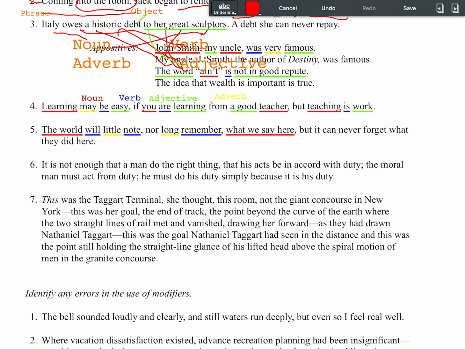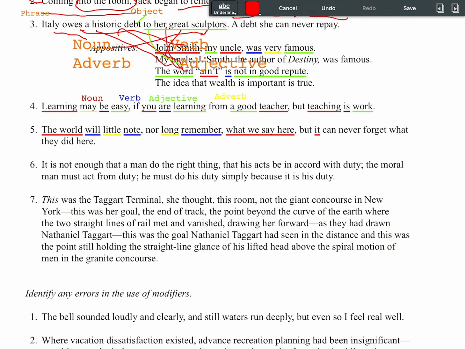Now, but is conjoining another clause or phrase. Let's see. It can never forget what they did here. So, it can never forget has a subject, it, and a verb, forget.